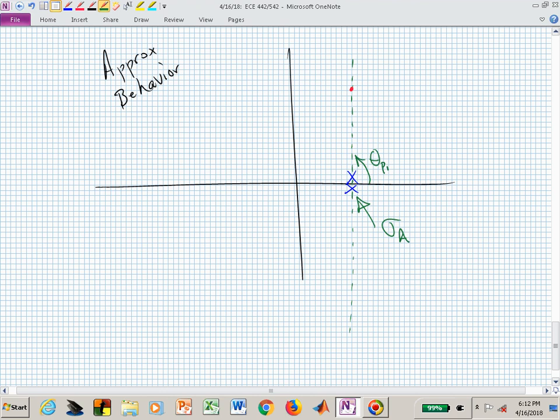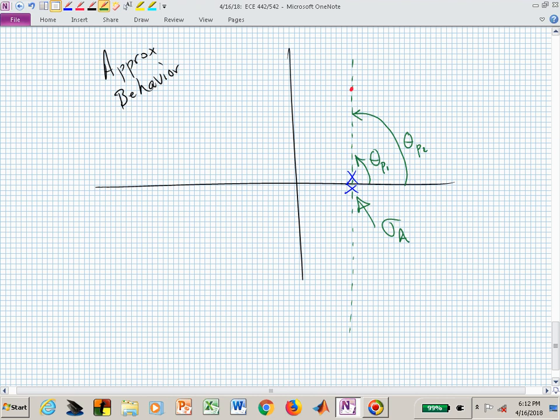What's the angle of the bottom pole to that dot? Isn't it the same? If I turn from the positive real line and point at that red dot, wouldn't it be that angle, theta p sub 2?